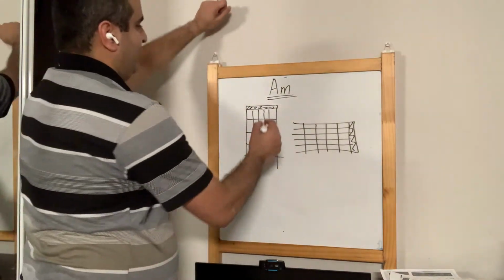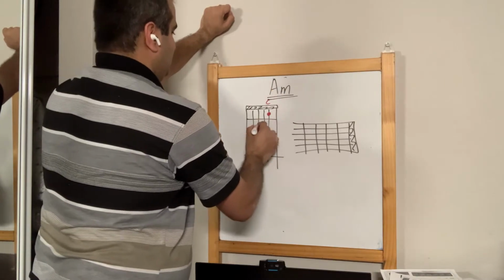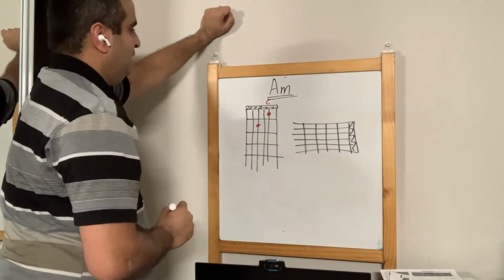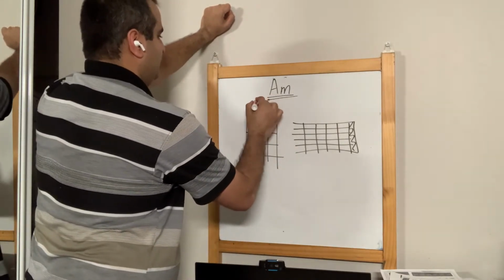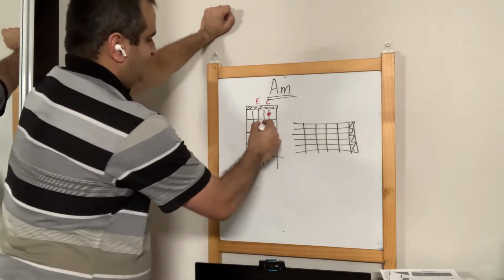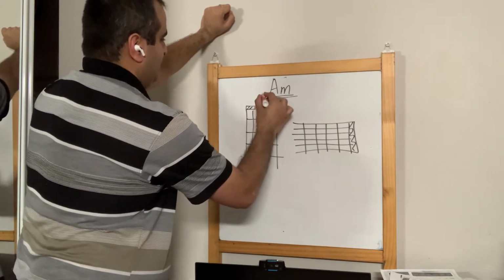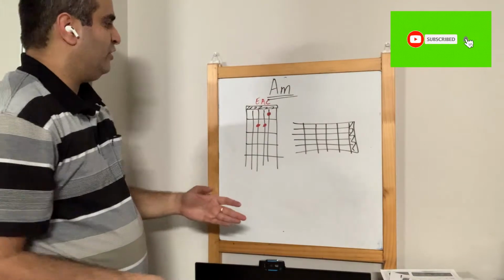So I have second string first fret, which is C. Then I have 4th string 2nd fret, which is E, and next is 3rd string 2nd fret, which is A. If you see, A minor would definitely have the A note, right?